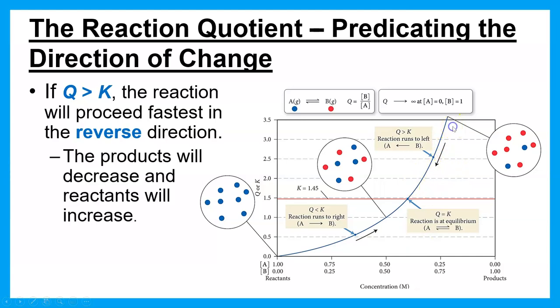Okay? That means we're up in this area. We have too much product present. The reverse reaction is going to take place to try to bring us down to our equilibrium position. It's trying to go backwards until it gets here.